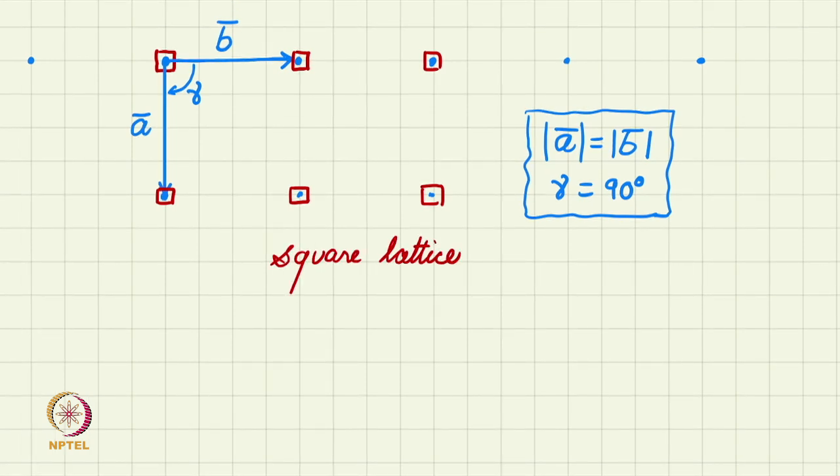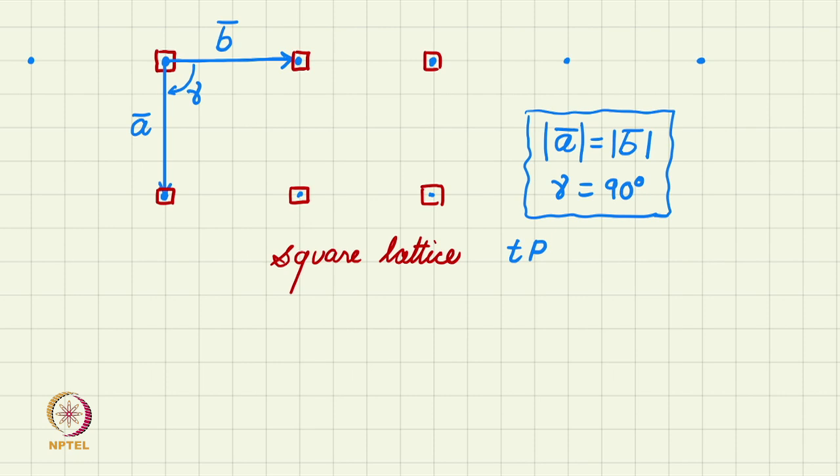However, the symbol is chosen as tetragonal P. Tetragonal is a 3-dimensional lattice where A equal B not equal to C. Here there is no question of C. Still, in the international convention, maybe to relate it with the 3-dimensional lattices, this will be one plane of the tetragonal lattice, the basal plane of the tetragonal lattice. So, the 2D lattice also is given the name tP, and I am making a mistake here.